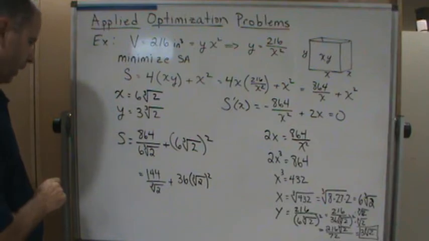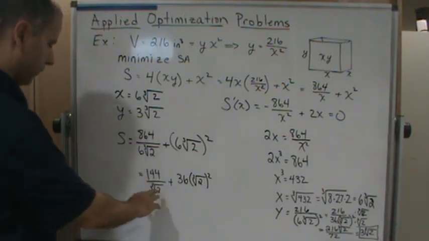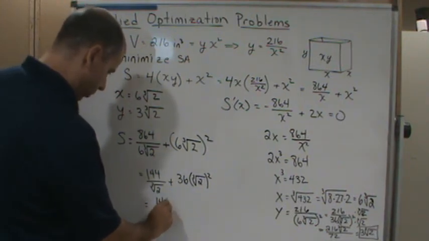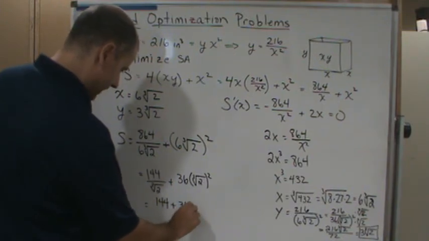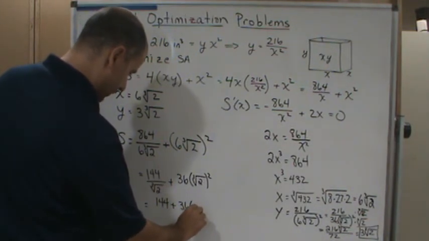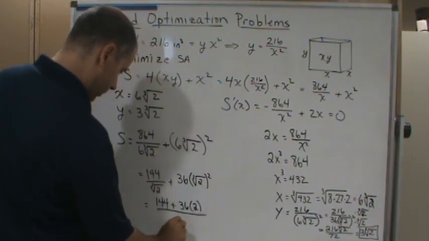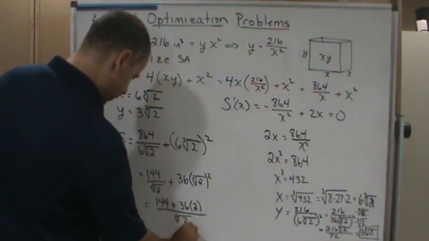I'm going to get a common denominator here. So let's make this 144 plus 36 times 2 over the cube root of 2.